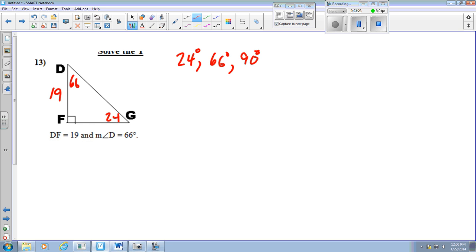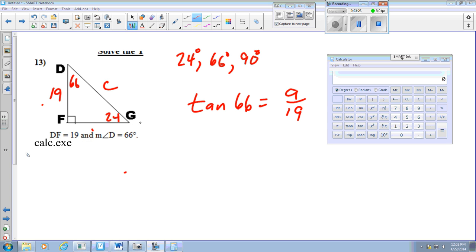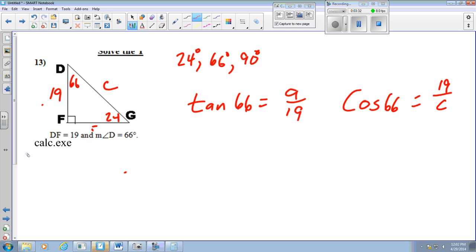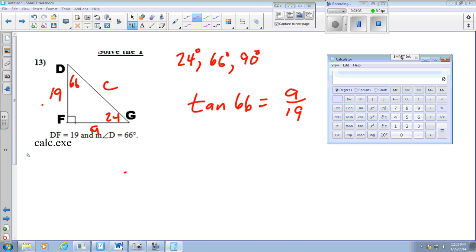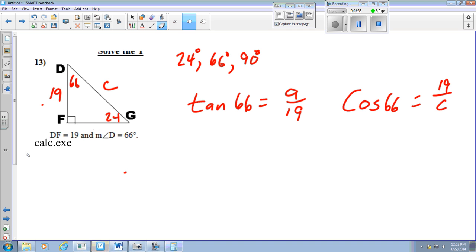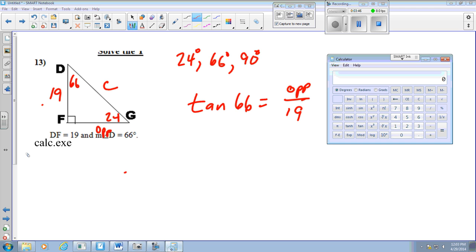Let's get me a calculator. There we got it, the calculator now. First one we're going to find here is A. This is the adjacent over there, and this is my, we'll call it opposite. And the way we would set that up is the tangent of 66 degrees is equal to the opposite over the adjacent.